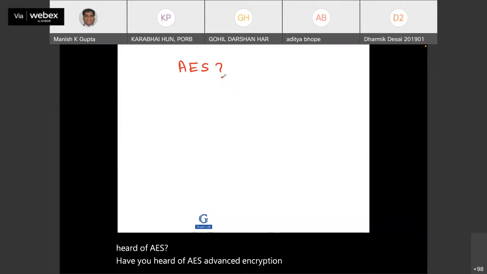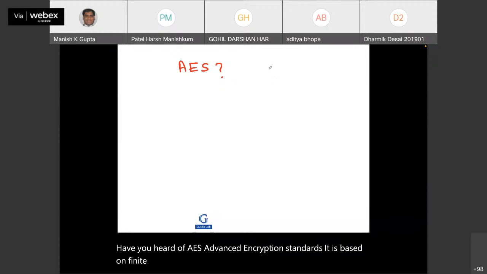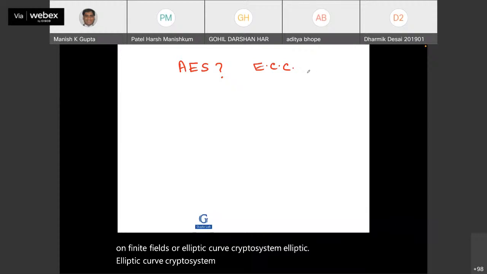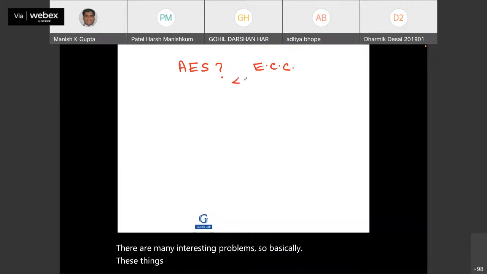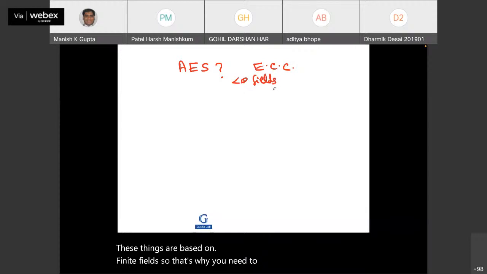It is based on finite fields. Or the elliptic curve cryptosystem, ECC. They are based on finite fields. There are many interesting problems. So basically, these things are based on finite fields. So that's why you need to have these ideas, finite fields.